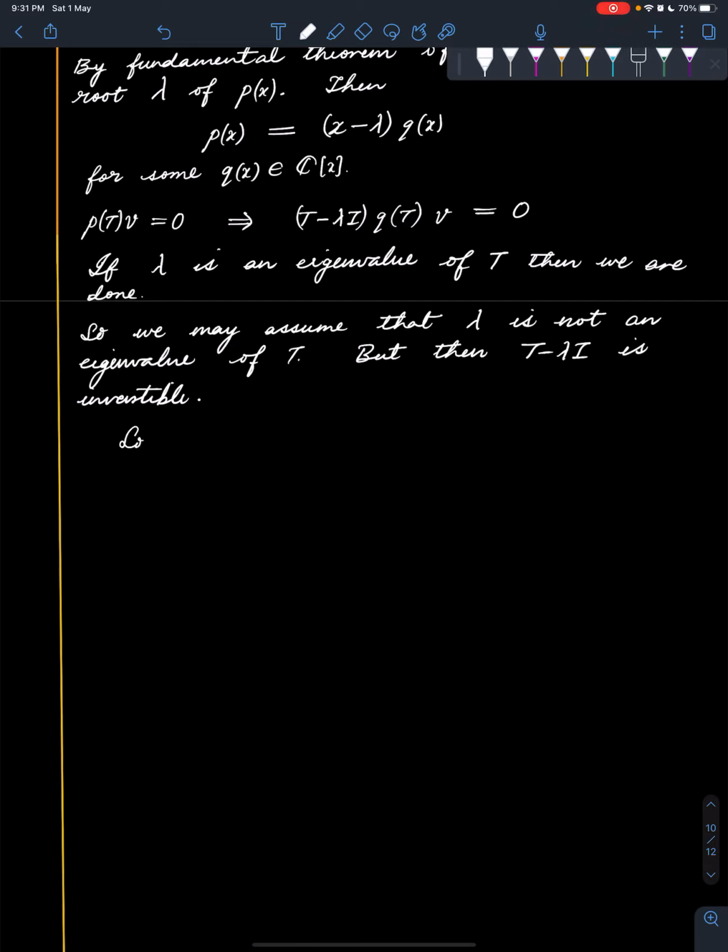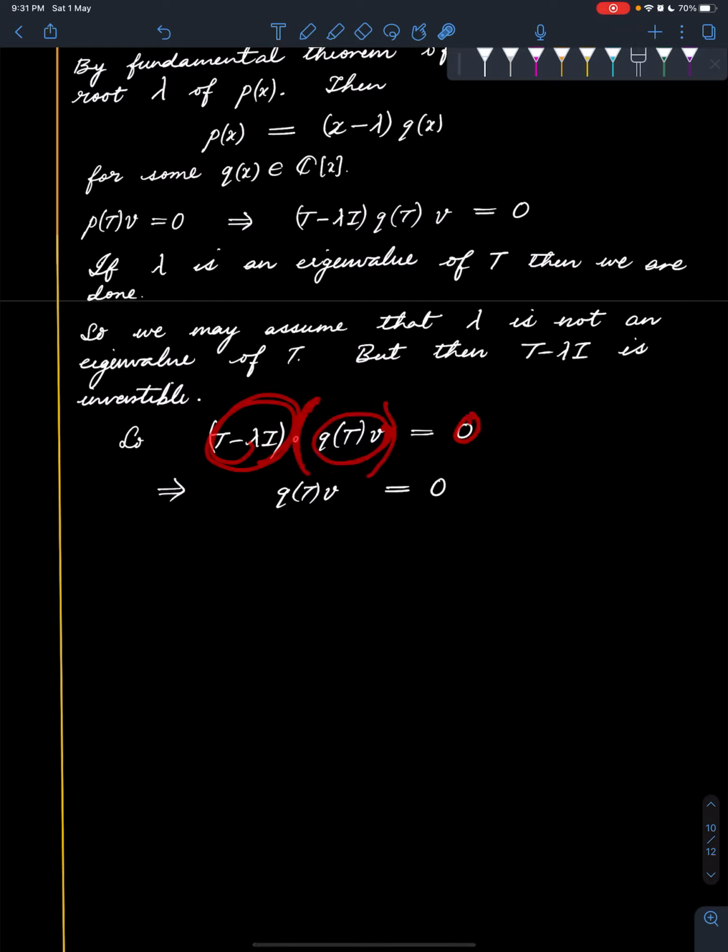So this equation, T minus lambda I composed with Q(T)v equals 0, implies that Q(T)v equals 0, because this is an invertible linear operator which has been fed this vector Q(T)v and it is producing 0.